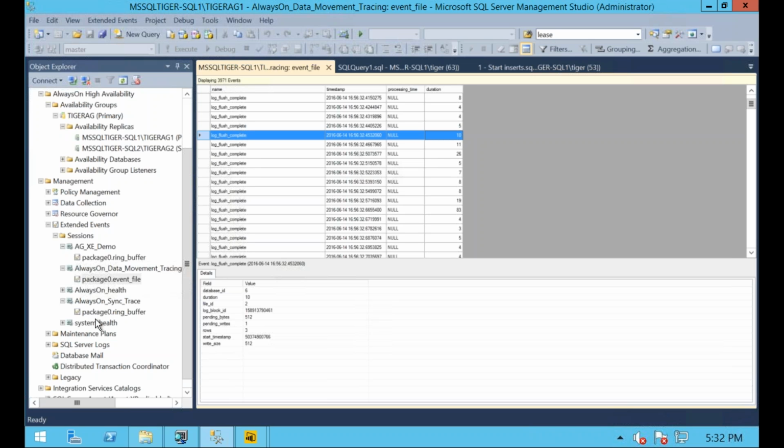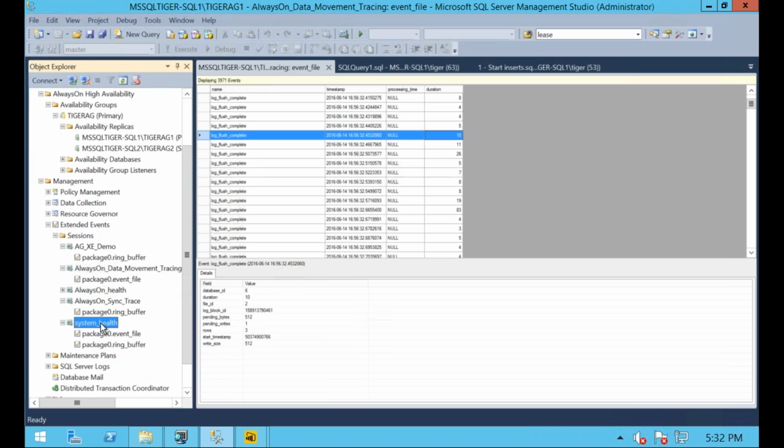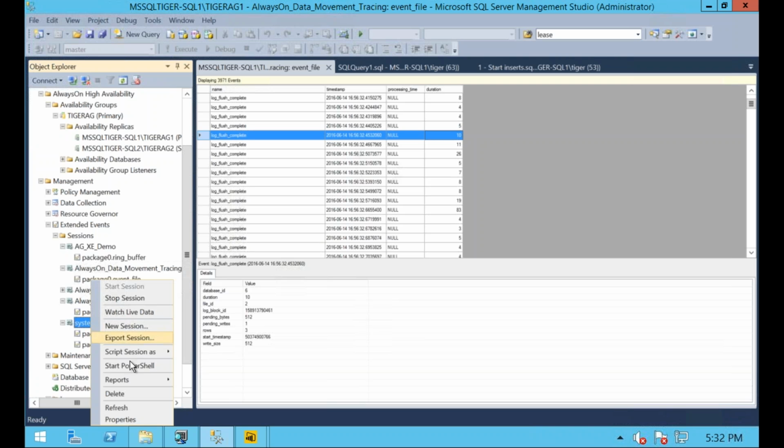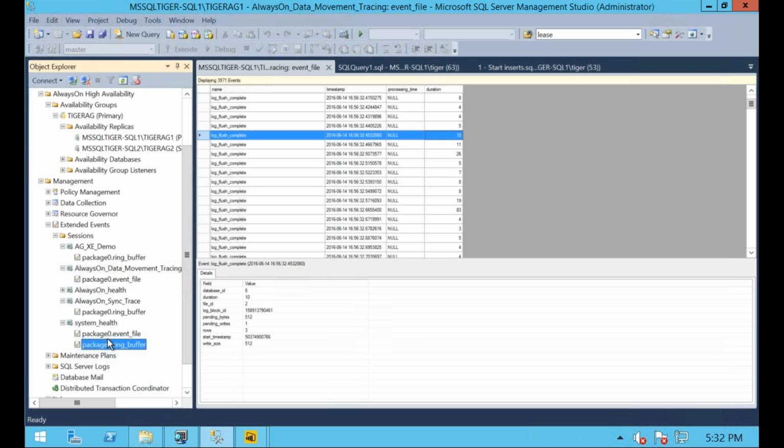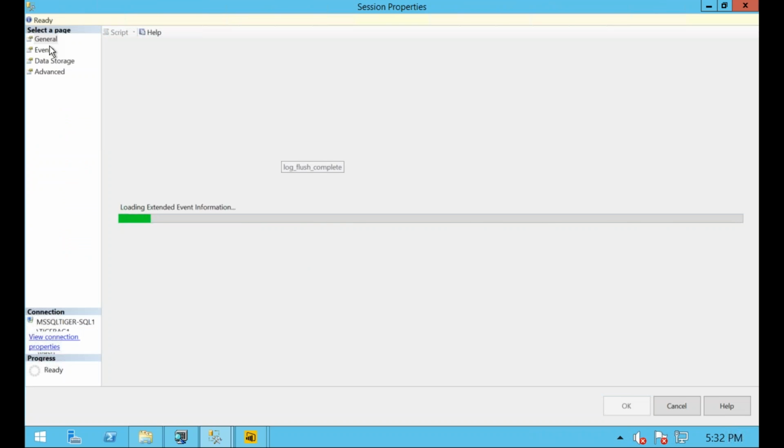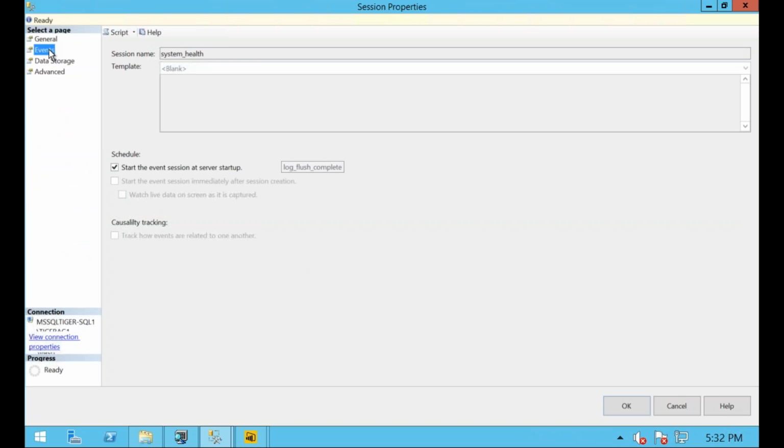Once you know the flush is taking time to complete, if you want to find out the why, there is a system health session which runs on the SQL Server instance by default. If you look at the system health session, what it essentially does is tell you what kind of events were being recorded. So let's go ahead and look at the properties of the health session. If you want to find out the why, was there a resource-related issue?